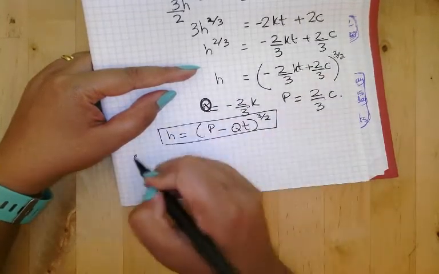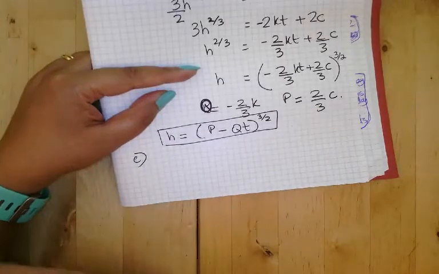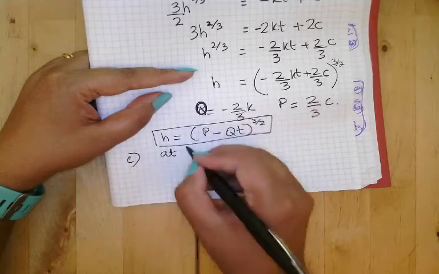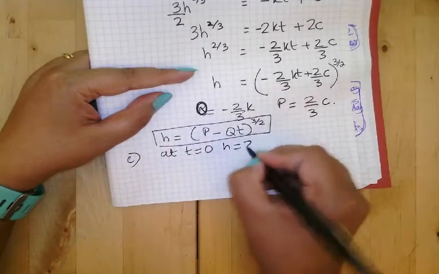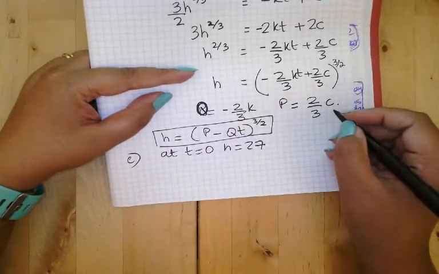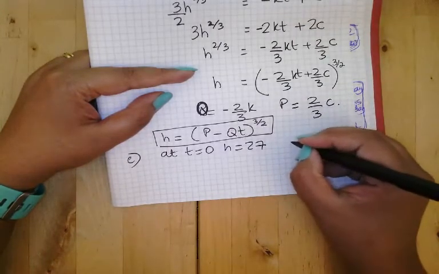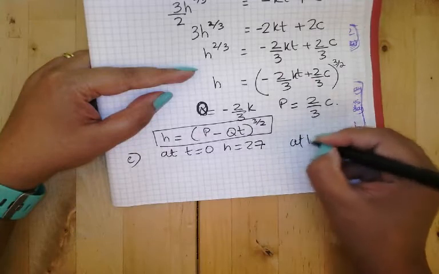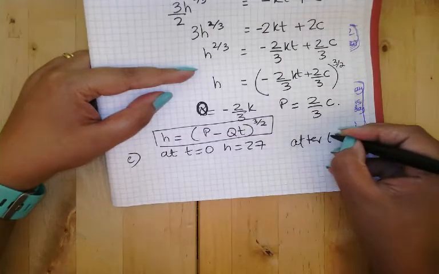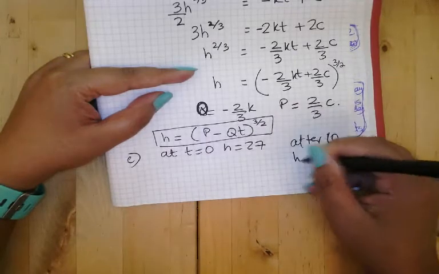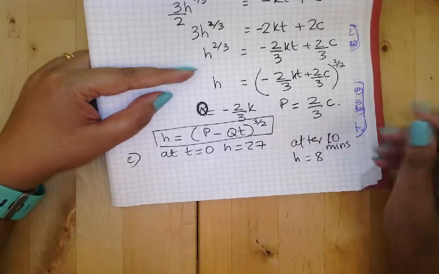Okay, in part C it says initially the height of the water is 27 meters, so at t is 0, h is 27. T minutes later the height is 8 meters, so after 10 minutes the height is 8 meters.